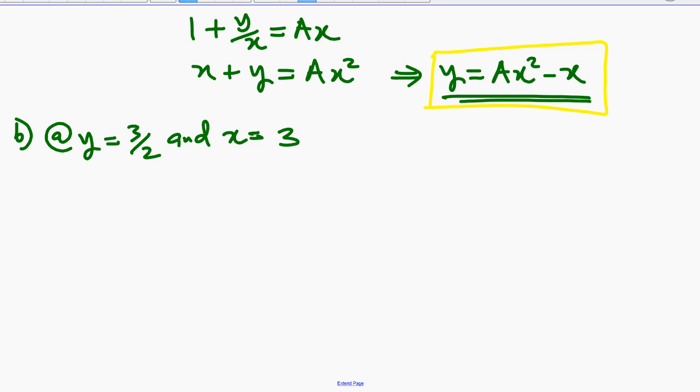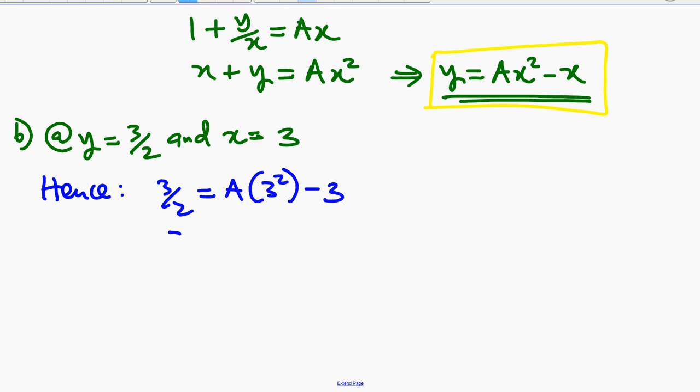So we'll end up with 3 over 2 is equal to a times 3 squared minus 3. So 3 over 2 is equal to 9a minus 3.